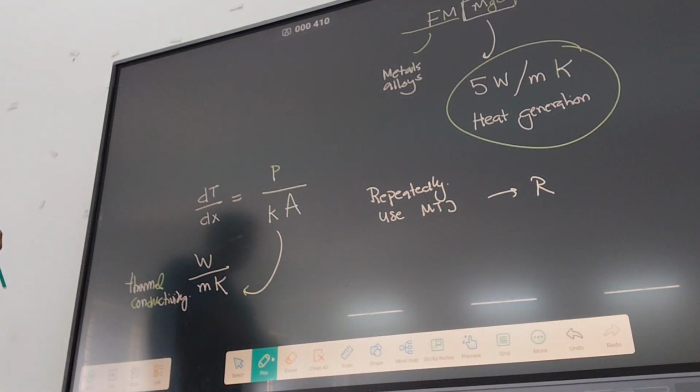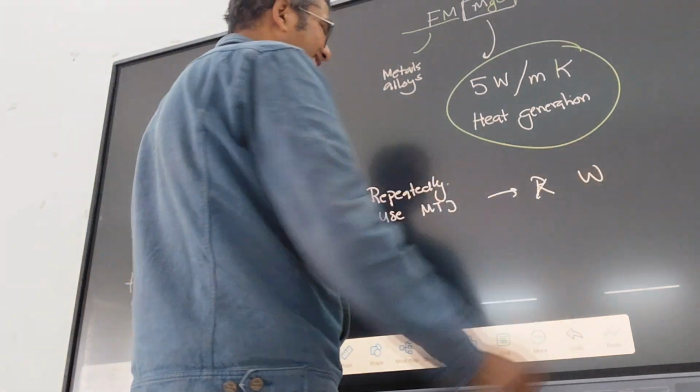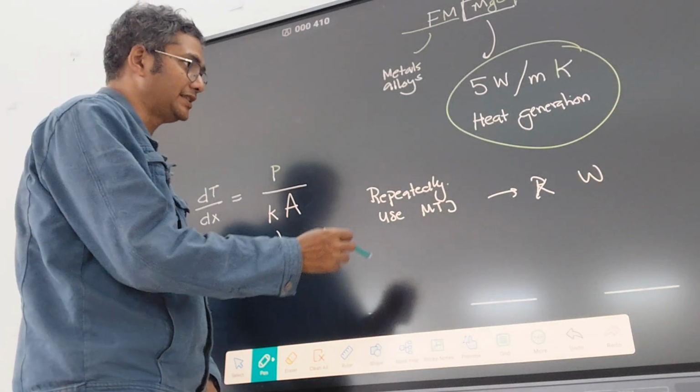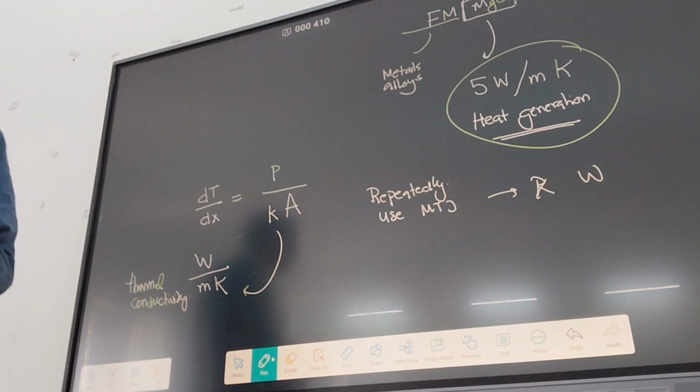But if you use the MTJ for writing, then the heat actually damages it. Heat is a deciding factor. So we need to remove the heat from the system.